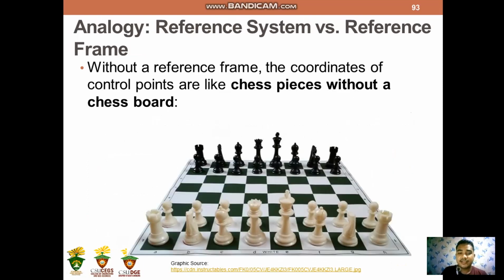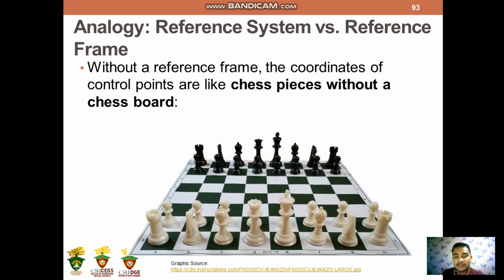Another analogy of the reference system versus reference frame is the chessboard and chess pieces. Without a reference frame, the coordinates of control points are like chess pieces without a chessboard. So let's say the chess pieces are the reference frame, and the chessboard is the reference system. Without the chess pieces, the chessboard is useless, and vice versa.